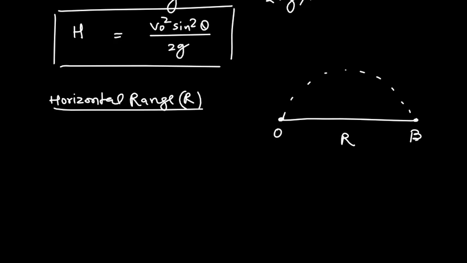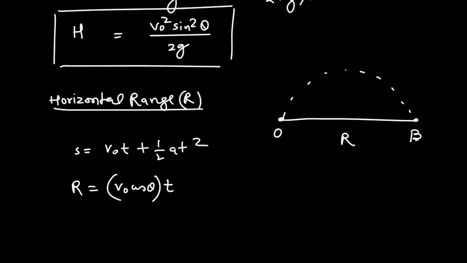So again we shall use the same equation but in horizontal direction. S is equal to V naught t plus half a t square. Now let me use this equation in horizontal direction. So S is equal to R, and this is V naught cos theta, and this is t, and in horizontal direction the acceleration is 0, so this term is 0.